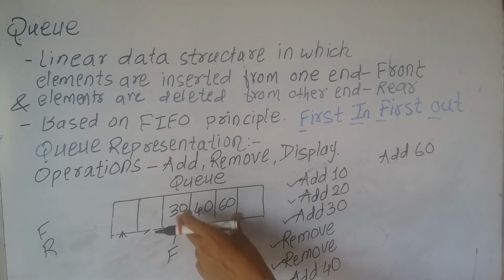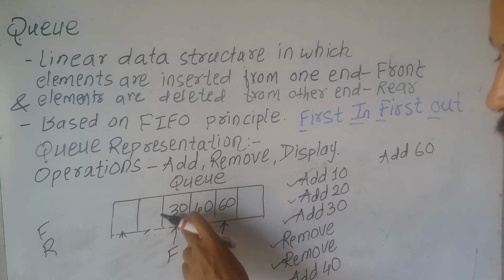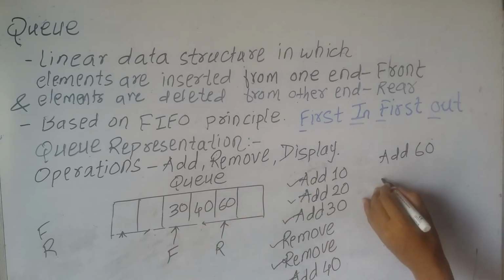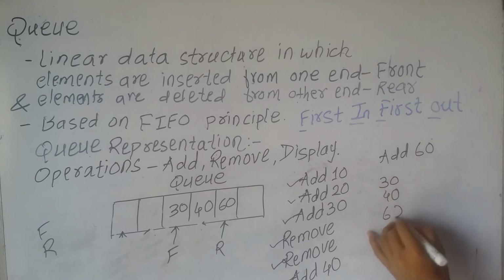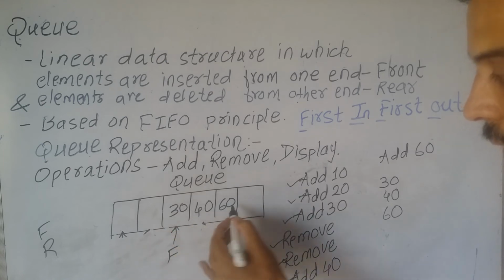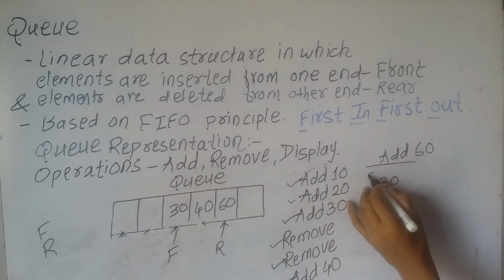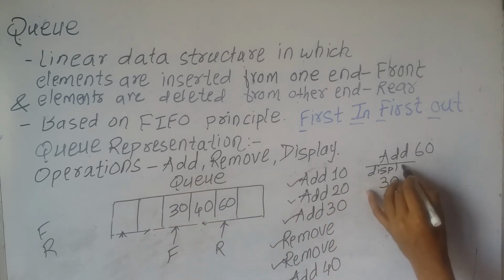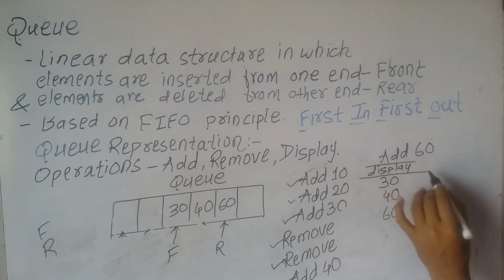After that if I perform the display operation, what type of display am I getting? I am getting 30, then 40 and then 60. This is how I can get the elements in the queue when I perform the display operation.